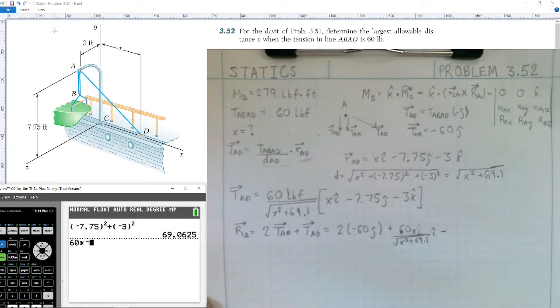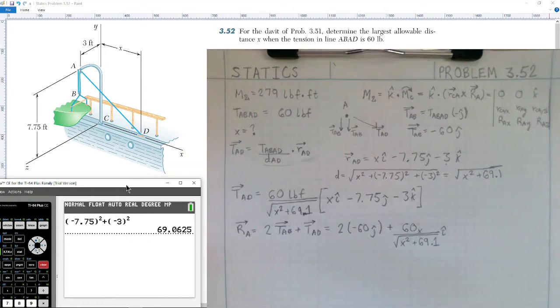Okay, let our calculator catch up. So we're going to multiply 7.75 times 60.